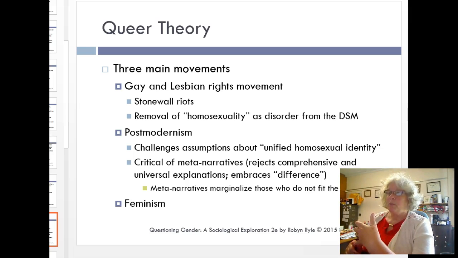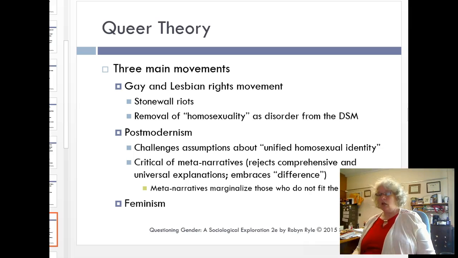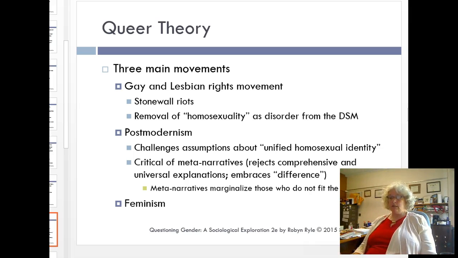You see that part of the queer theory is based on the social movements that are going on, and even in this case, the understanding by psychology of some different stance related to sex and gender. The postmodern period moves forward and it challenges that assumption about the unified homosexual identity, that everybody's the same.